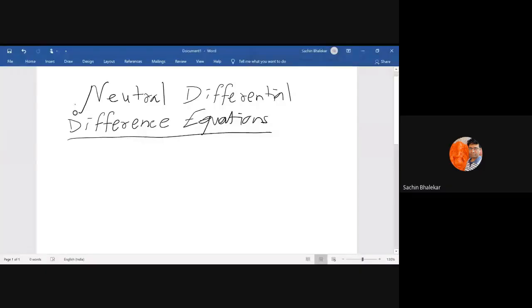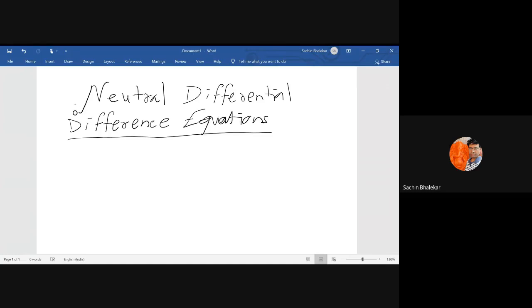Now we discuss neutral differential difference equations. Neutral DDEs means equations where delay is present in the derivative also.